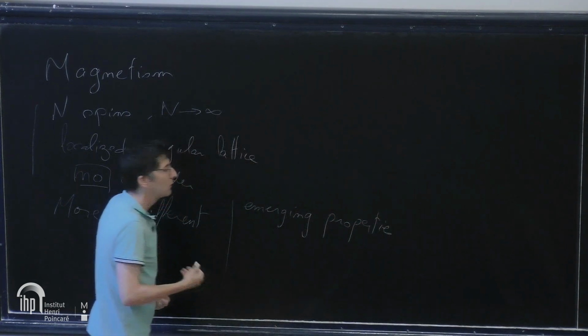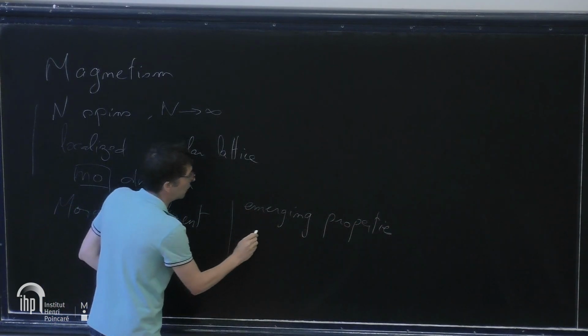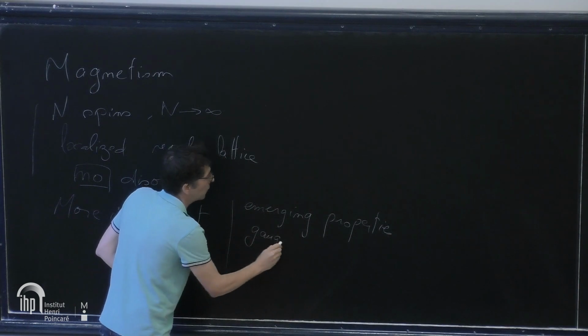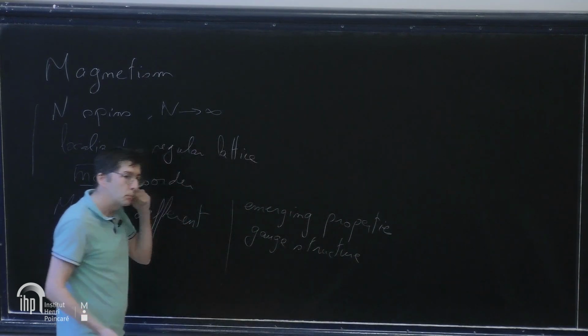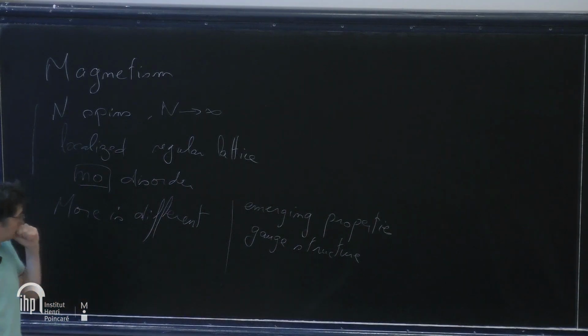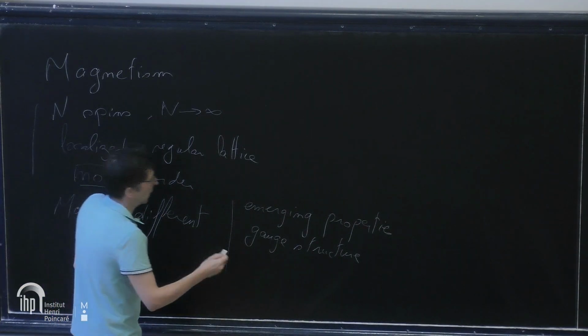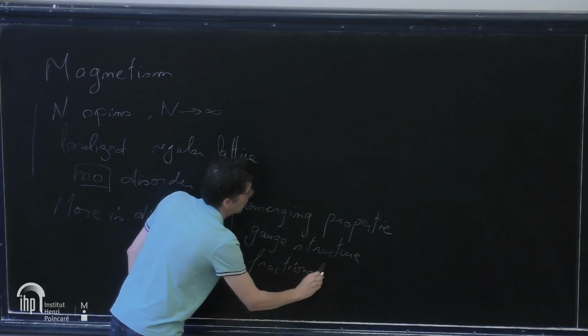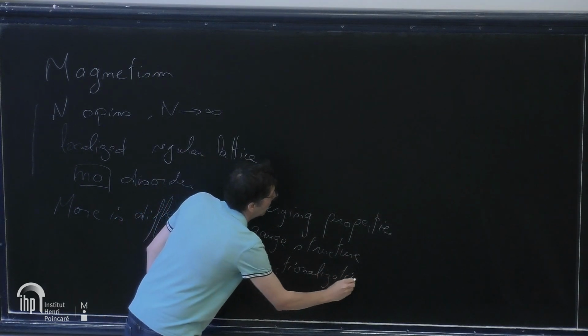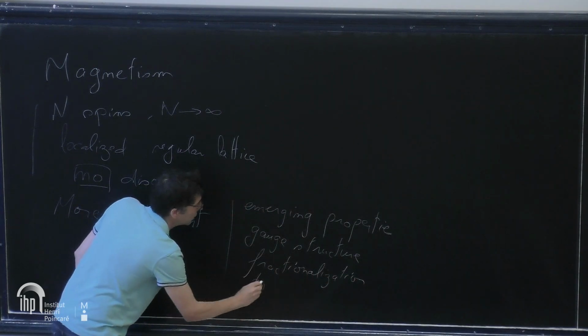And what kind of properties? So some keywords that we'll encounter very often. There are some gauge structure, which is not necessarily present in the microscopic. As a result, sometimes there is some fractionalization. There will be a lot of topology.